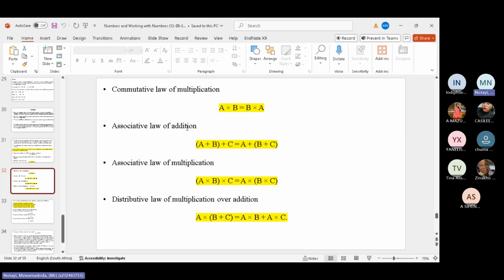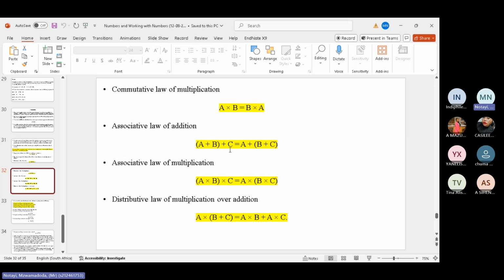The associative law of addition: A plus B plus C is the same as A plus B plus C, regardless of grouping.